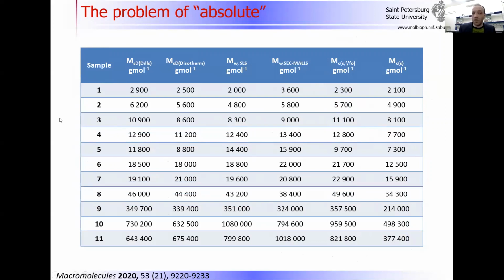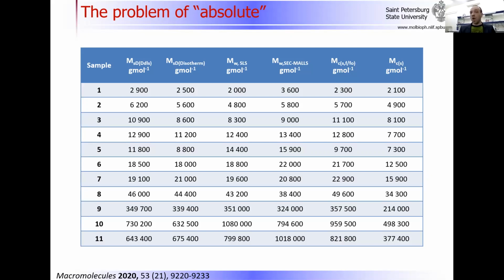If you look here, the first four columns can be called so-called absolute molar mass approaches, which still give you different values of the molar masses. It's called absolute only in the sense that it is independent, but it doesn't mean the correct value of the molar masses.